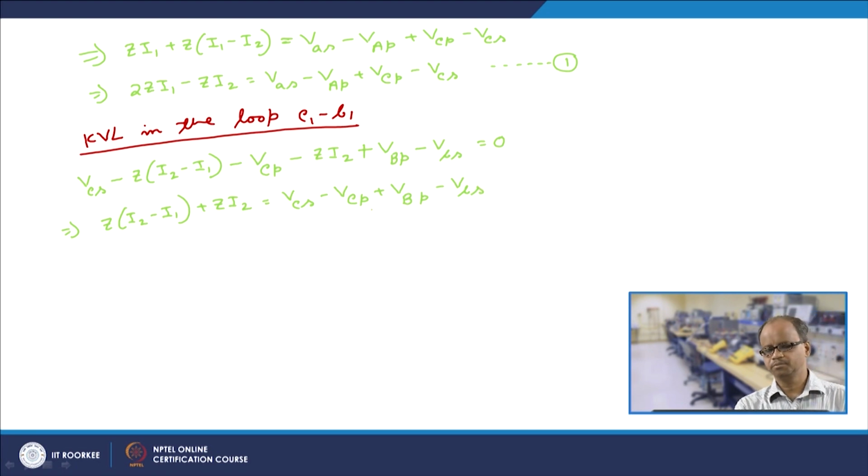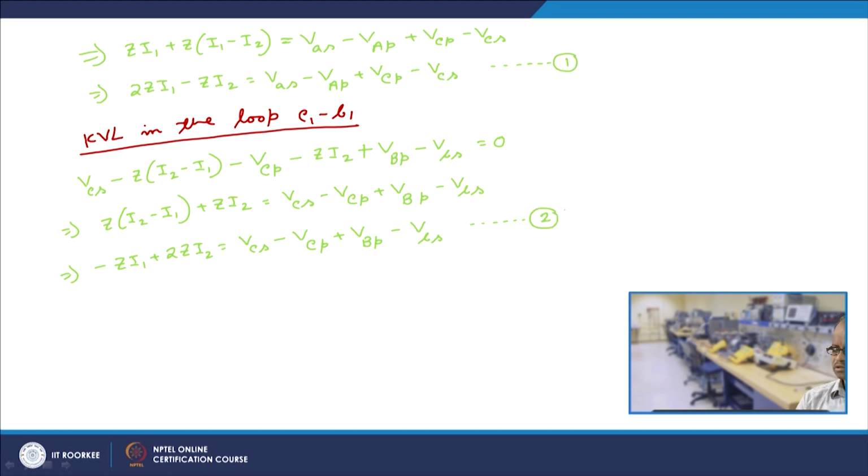So, minus ZI1 plus 2ZI2 is equal to VCS minus VCP plus VBP minus VBS. So, this is the second equation.